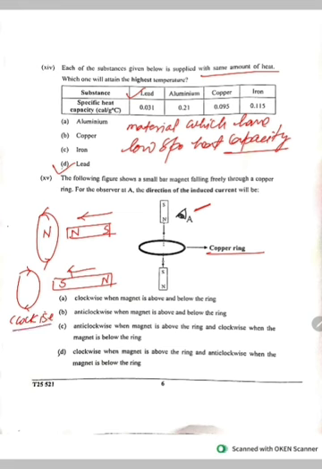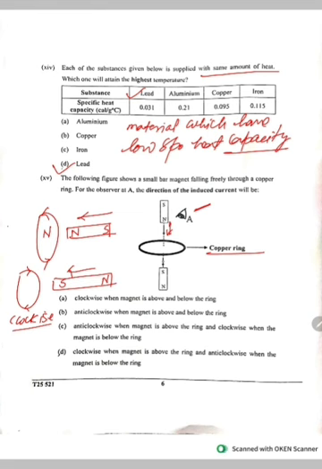So through this concept let's solve this question. Here see, this north pole is coming towards this copper ring, so this copper ring should produce an induced current like that. This copper ring acts as a north pole, so the flow of current should be anti-clockwise.